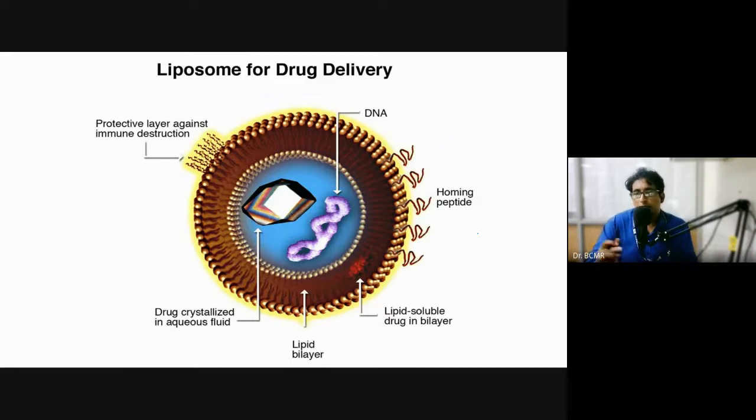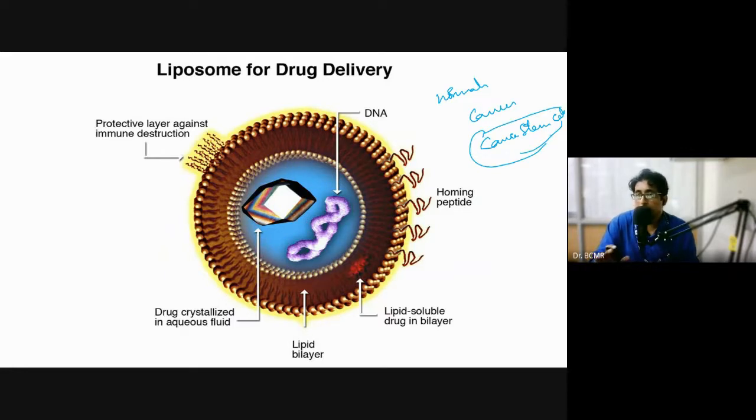How do we give it specifically to the stem cells? We have normal cells, we have cancer cells, and we have cancer stem cells. Our target is the cancer stem cell. How can we specifically deliver to it?